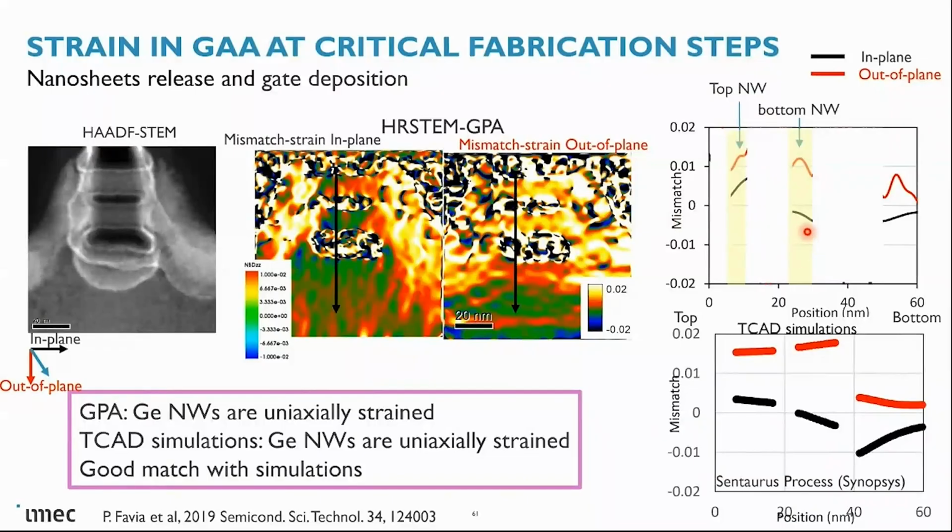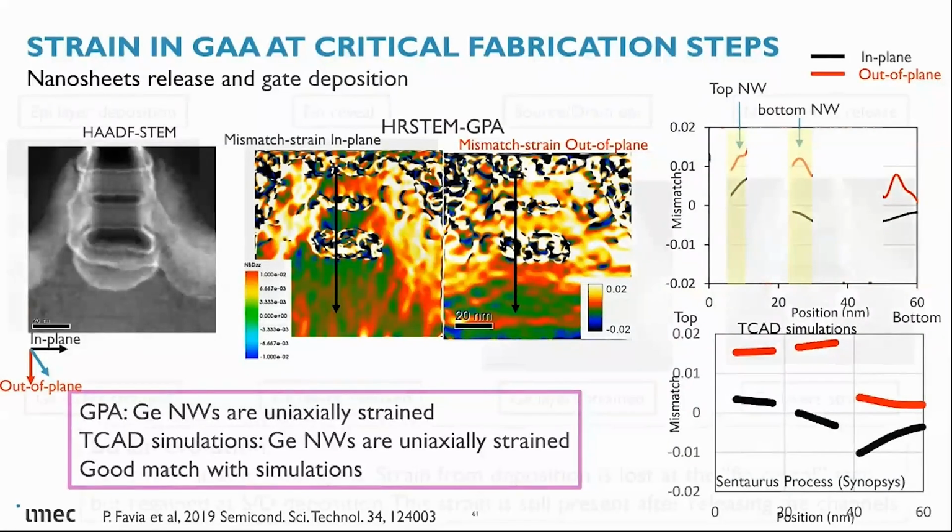If we look at the in-plane profile, this is for the bottom channel, and this is for the top channel, and the bottom channel mismatch is almost zero, which means that we have higher strain. So we are fully straining this channel. The top one is partially strained.